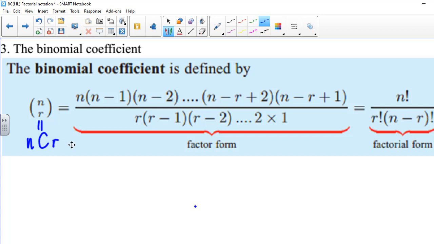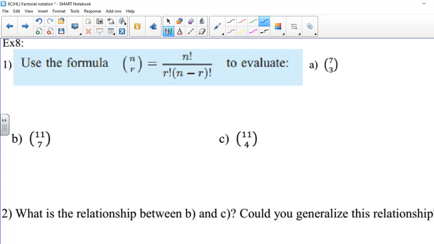Some of you may have a question. You will ask how people derive this formula from this notation. We will explain this notation in detail in the combination lesson. Let's just apply this formula to evaluate 7C3.